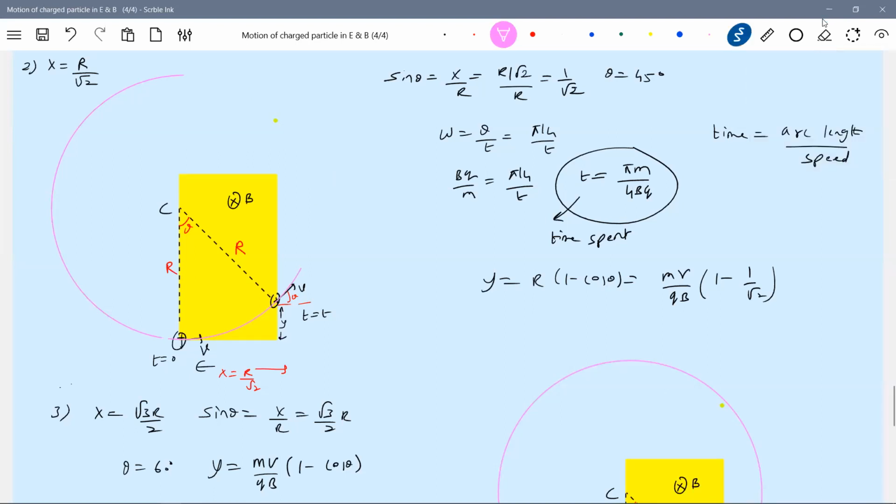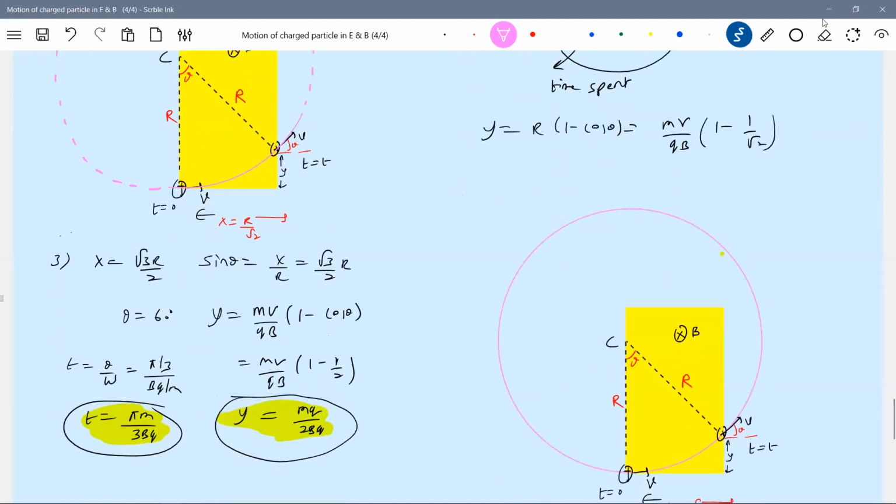Somebody had this doubt, so I should put a dotted line. This should have been part of a circle if the magnetic field were present everywhere. Hope now you're able to understand this.